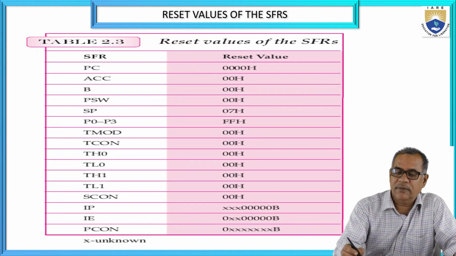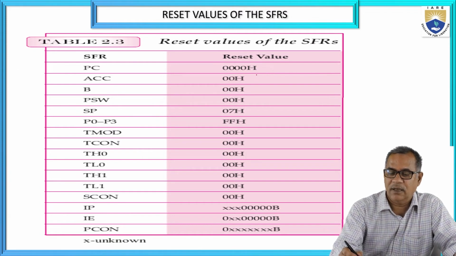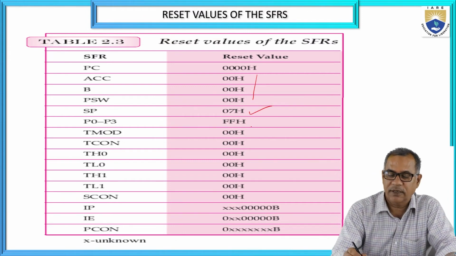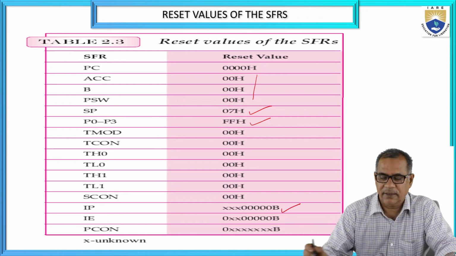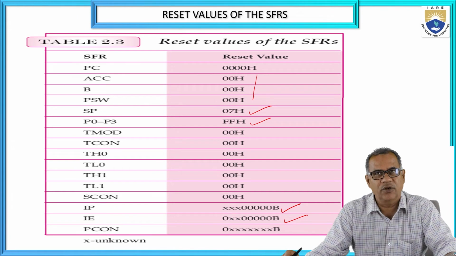These are the various values of the registers when reset is pressed. All are initialized to 00, but the stack pointer is initialized to 07H, and the ports are initialized to FFH. The IP, the interrupt priority register, is initialized to 00, and IE, the interrupt enable register, is also initialized to 00. The PCON register, of course, is initialized to unknown values.